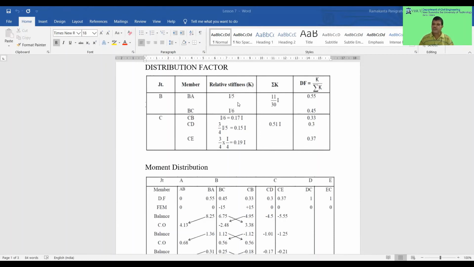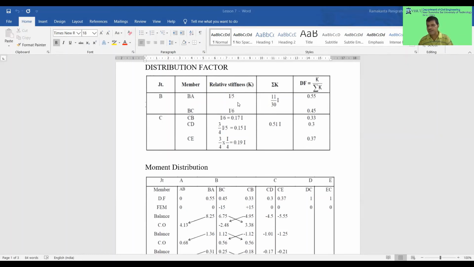If one end is fixed and the other end is supported or hinged, then it becomes 3EI by L. In the other sense, if you are taking the relative stiffness, if both ends are fixed, it becomes I by L. If one end is hinged and the other end is fixed, it will be 3 by 4 I by L. So either we can do, and if you are confusing yourself, always go for member stiffness, 4EI by L and 3EI by L. That will be the easy way if you are not comfortable with relative stiffness.